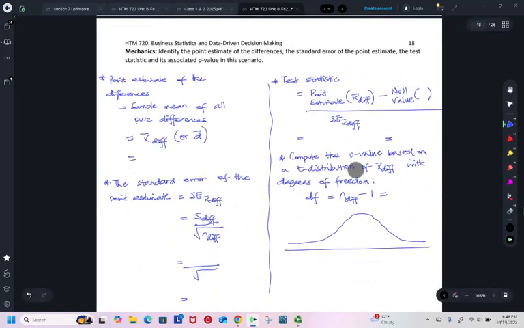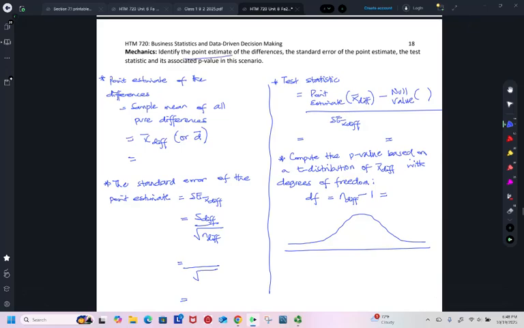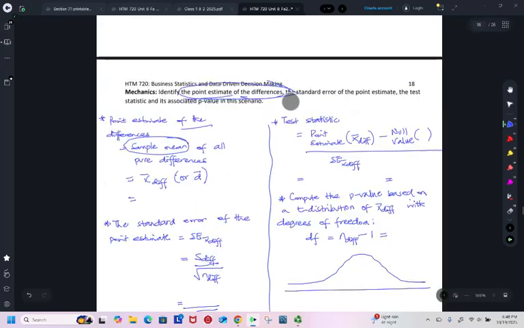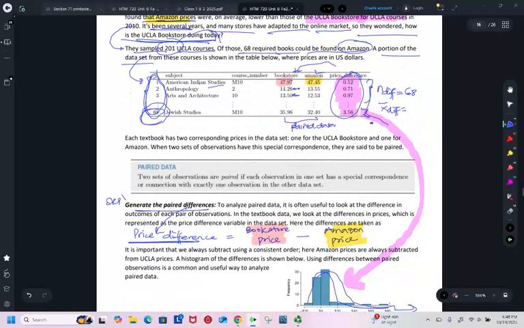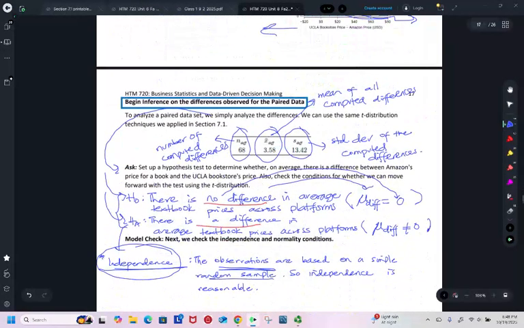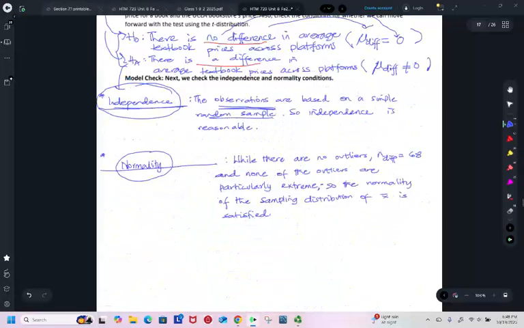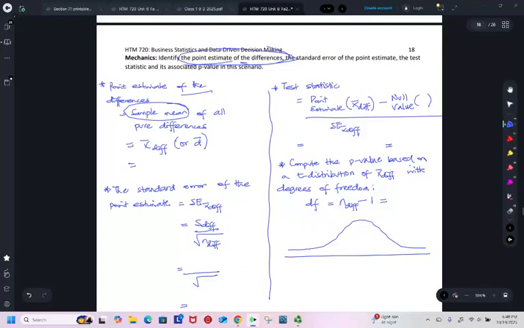With that said, we would now proceed to find the point estimate of the differences. The point estimate of the differences is simply the sample mean, or the average of all the differences we observed. So if we take the average of all of the price differences, we were given that as 3.58. That is the point estimate.